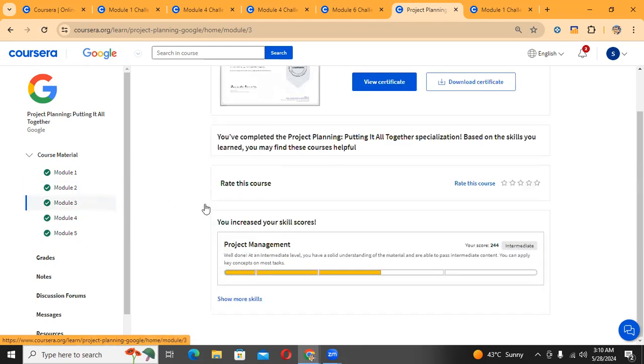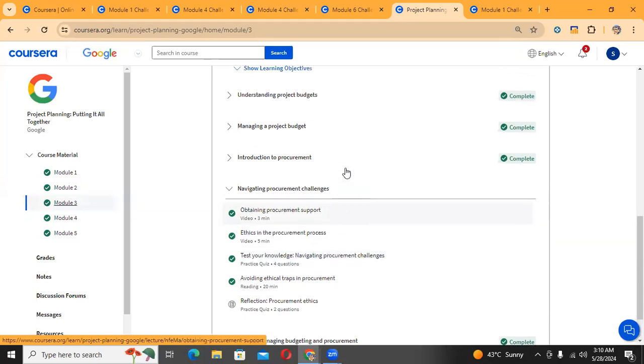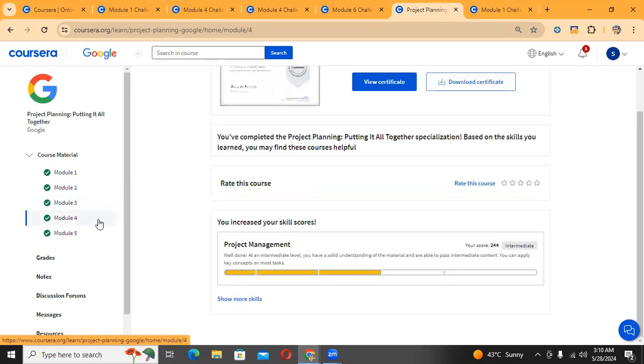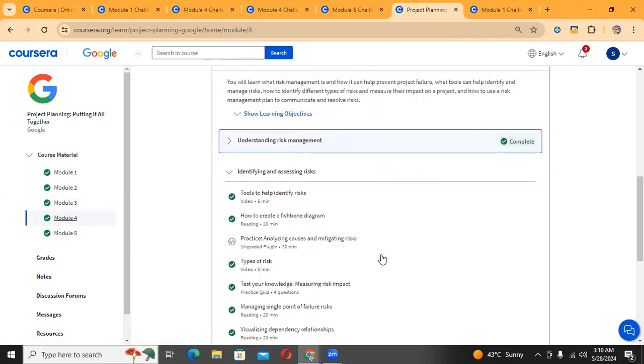So in the third module, it is managing the budget of the project. It allows us to learn about the different components of the project budget and how the procurement process works. Understand the procurement process, necessity, documentation, and let's go on to the fourth module.